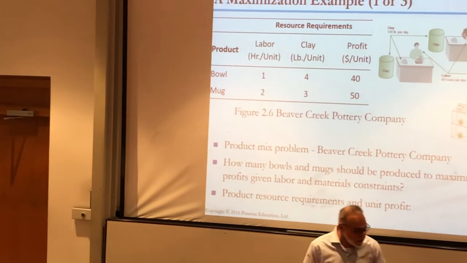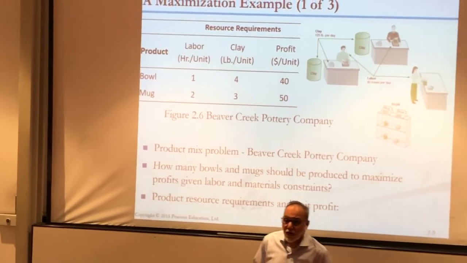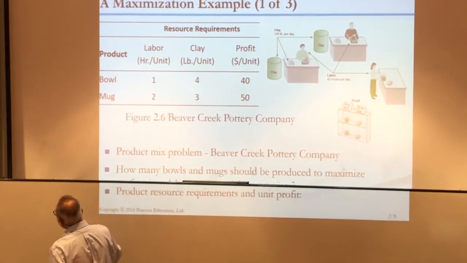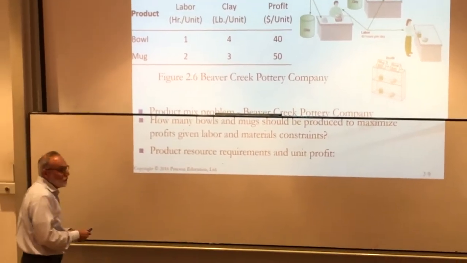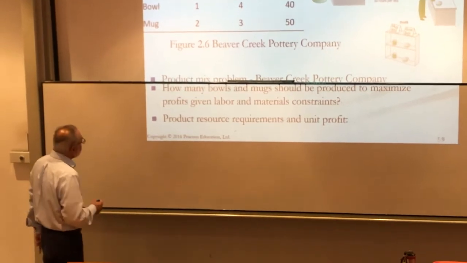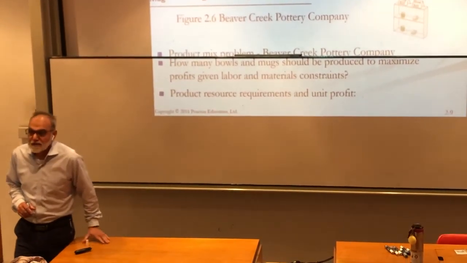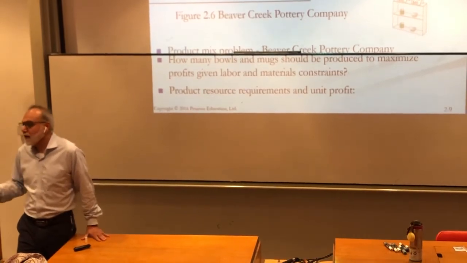So first of all, we identify the decision variables and we define them. The first step is to define the decision variables. Usually I like to define them by x with subscripts, x1 and x2.